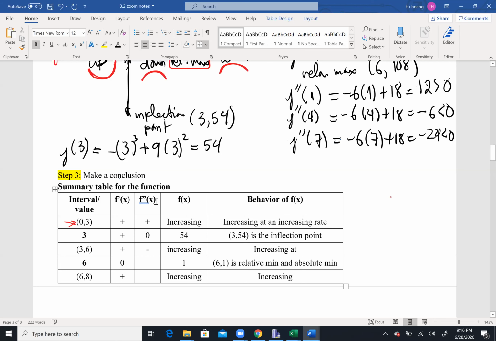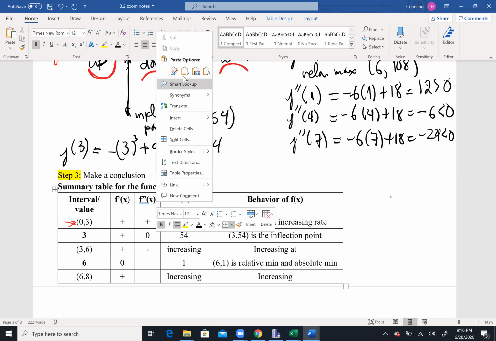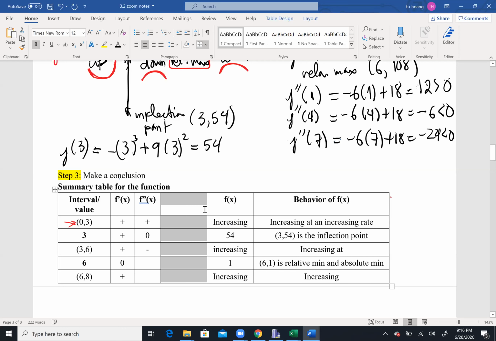Again, I may have one more column so you can see clearly. Okay, so I call this f'(x) multiplied by f''(x), right? And positive times positive is positive. This is 0.